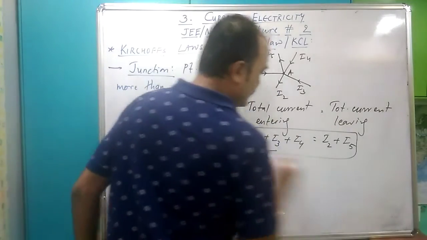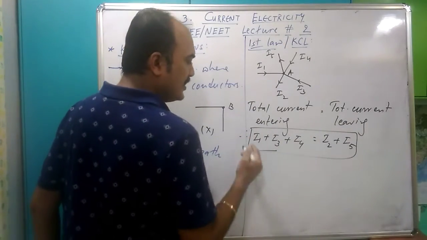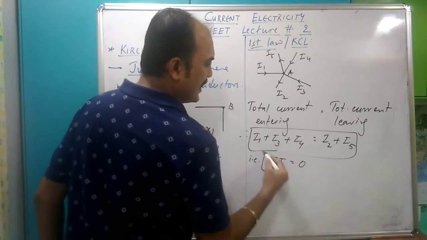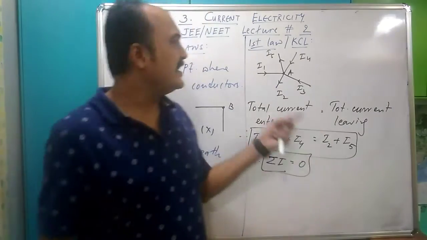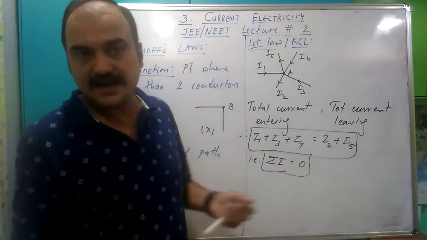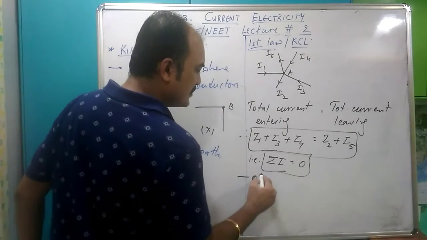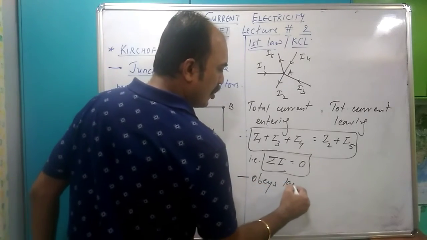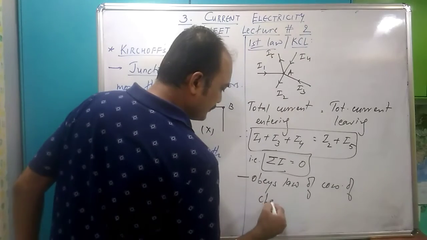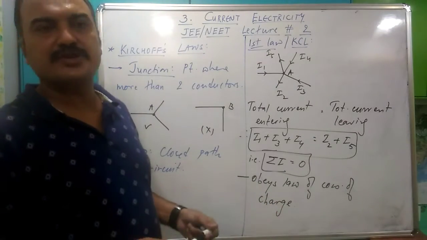And this, ladies and gentlemen, is Kirchhoff's current law. So if you bring all these here, you say that the summation of currents at any junction has to be 0. Of course, entering currents have been taken as positive, whereas currents leaving have been taken as negative. So the total would be 0. And this law obeys the law of conservation of charge.